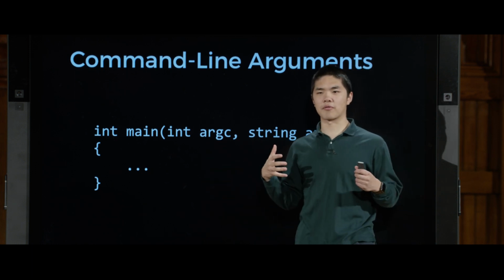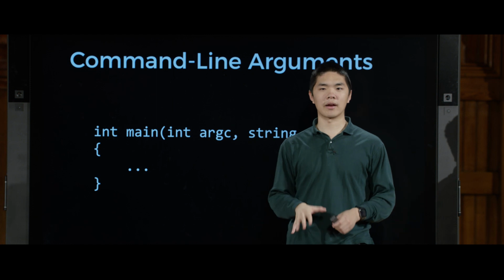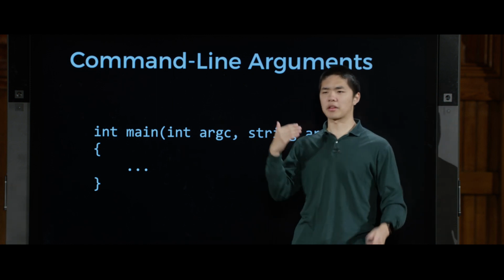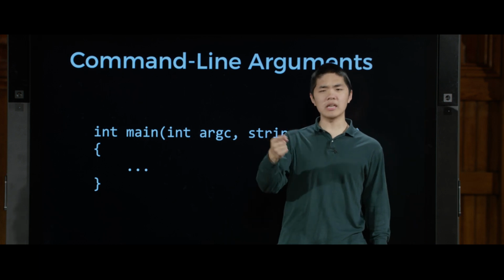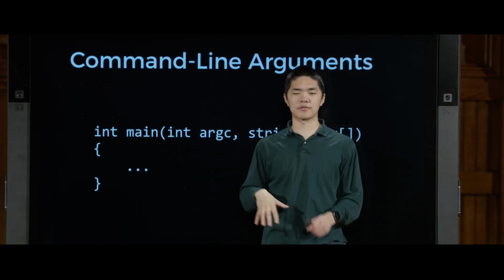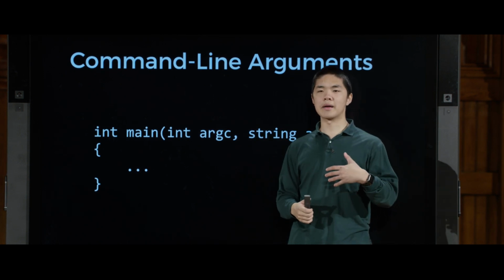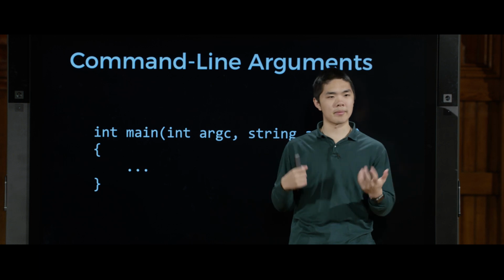So this was a way of providing additional information to our program at the point at which we're running it on the command line, where you might have been running ./caesar, your Caesar program, passing in the key, the amount that you wanted to shift by. Or in recover, for instance, you might have typed ./recover followed by card.raw, the name of the file that you wanted to recover images from.